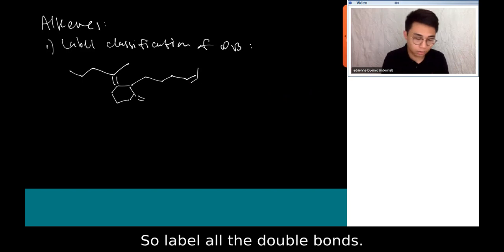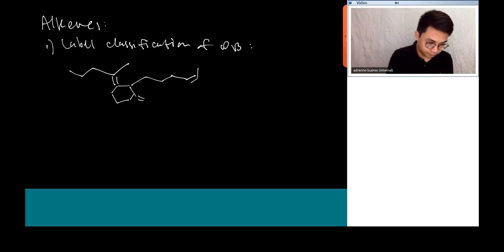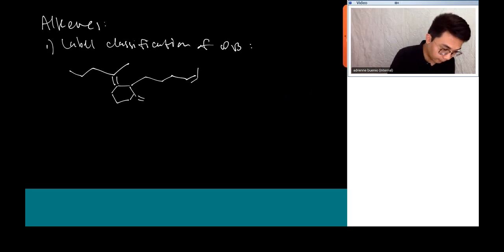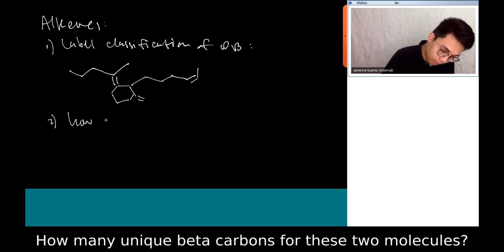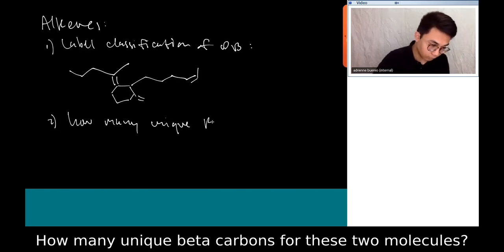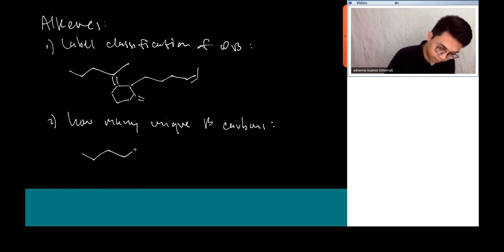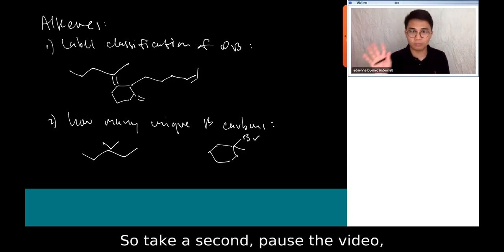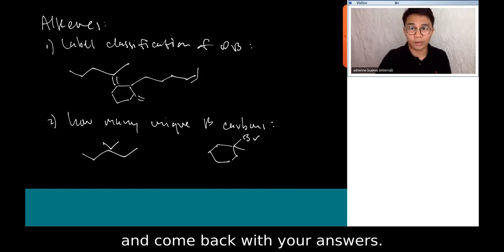Label all the double bonds, and then let's do this. How many unique beta carbons for these two molecules? Okay. So take a second, pause the video, and come back with your answers.